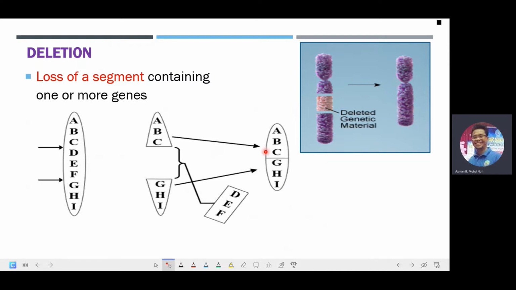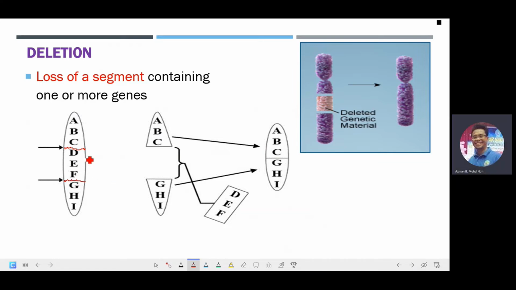How can this happen? Let's say we have 1 chromosome over here containing genes A, B, C, D, E, F, G, H, I. And let's say part of the segment breaks off, over here and over here.